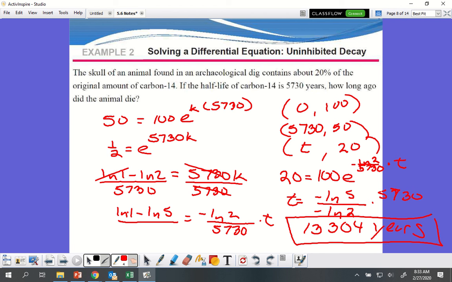How do we know the half-life of carbon-14? It's been tested, and we use that one because it's a constant.